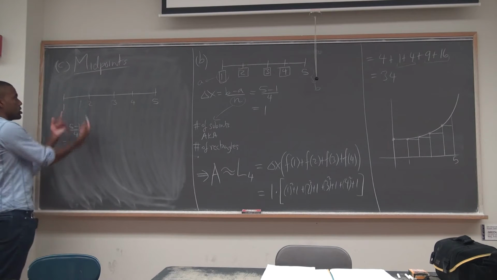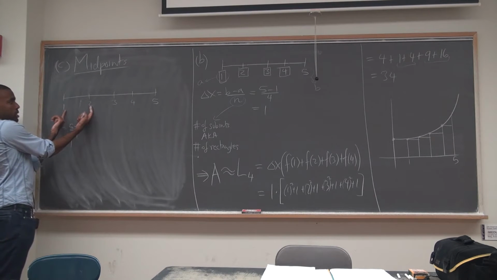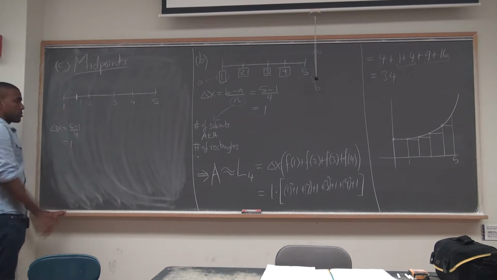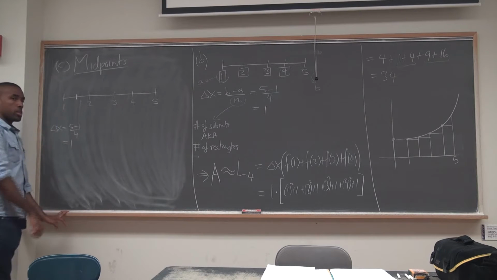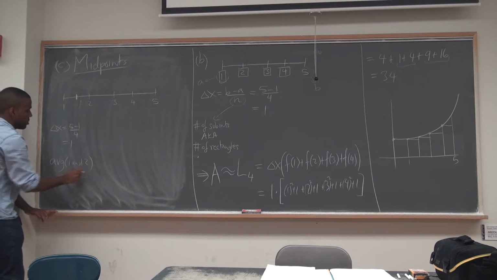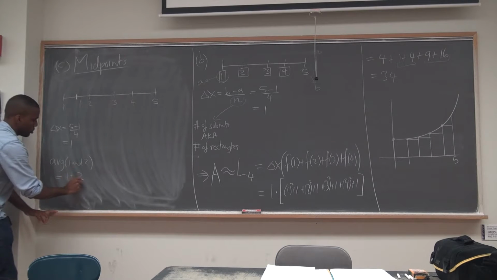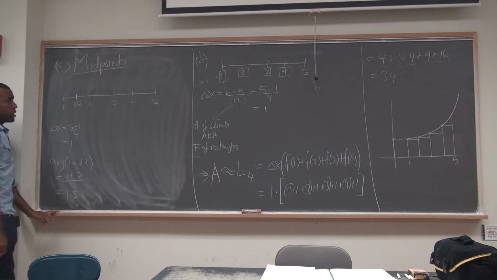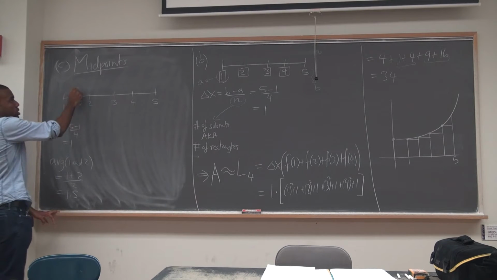And then you're just going to take the middle value. Let's look at this first point. How would I find the value that's right in the middle? The average, right? So to get my first point, I'm going to find the average of 1 and 2. This is just (1 plus 2) over 2, which is 1.5, or I can write that as 3 over 2, either way.